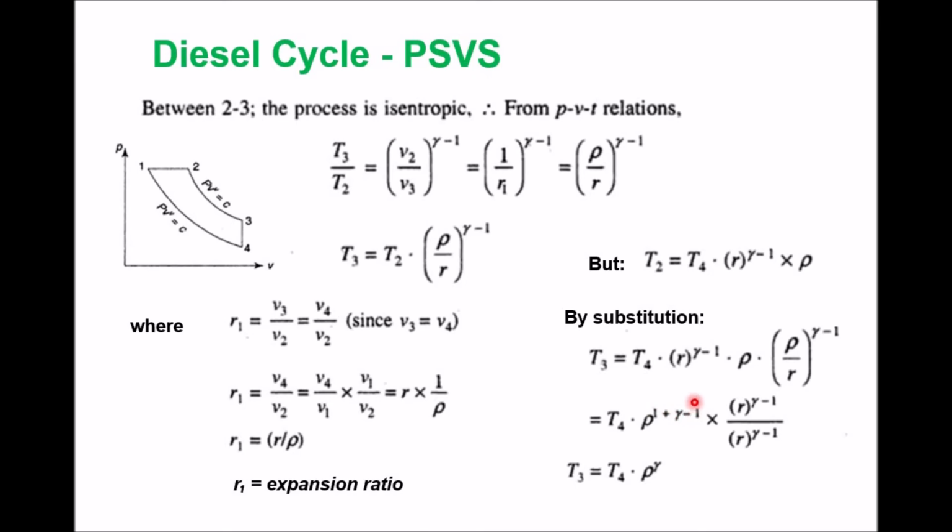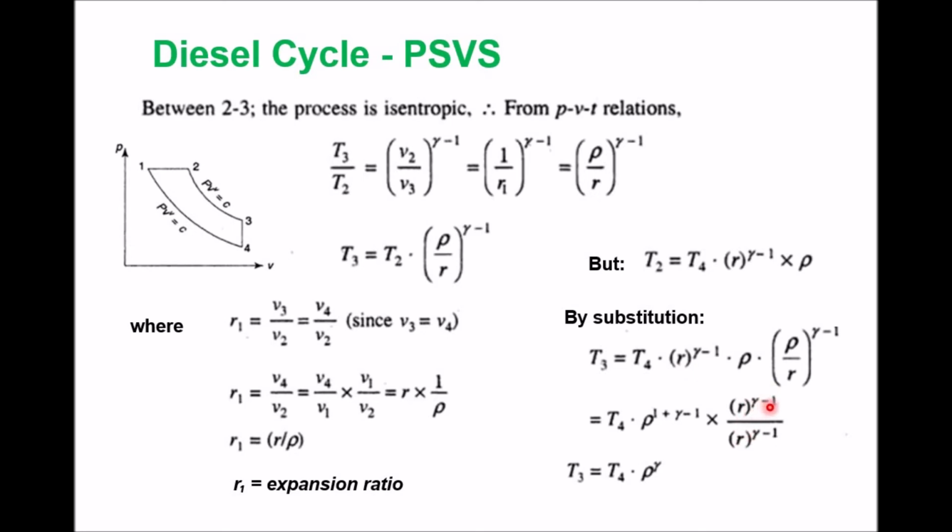Another thing is this one, R raised to gamma minus 1. If you raise this by the law of exponent to gamma minus 1, because this is the denominator, this factor comes from this one. So this cancels out.